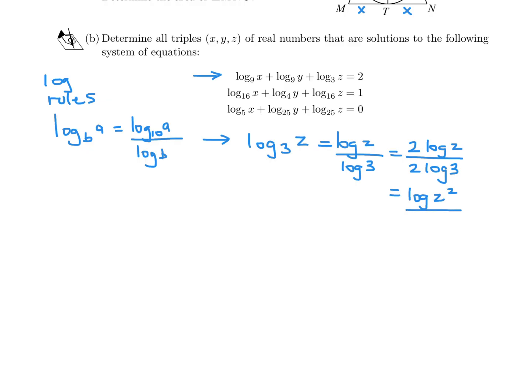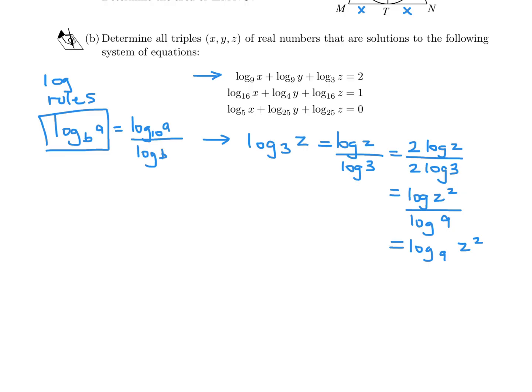And this one would become the log of 3 squared, which is 9. And therefore, if we move it back into that form, it would be the log of z squared to the base 9.